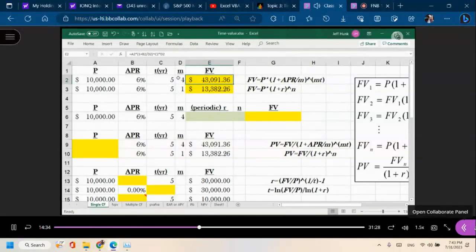Just a difference in compounding frequency cannot result in this much difference. And anybody who can think, that's critical thinking, right? In the old days, they just called it thinking. People who could think will question this. You won't just walk by.